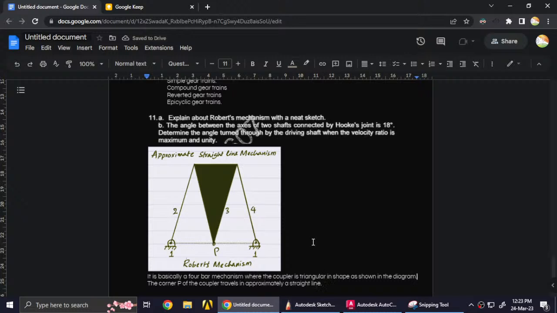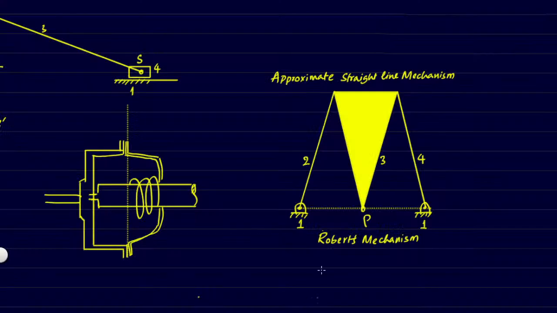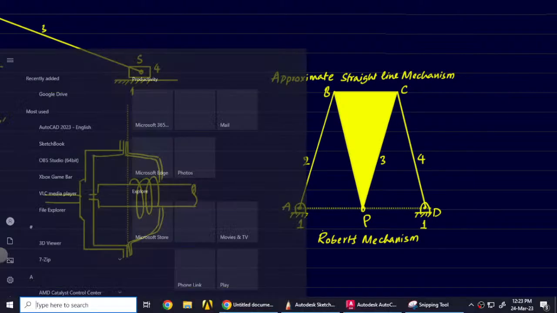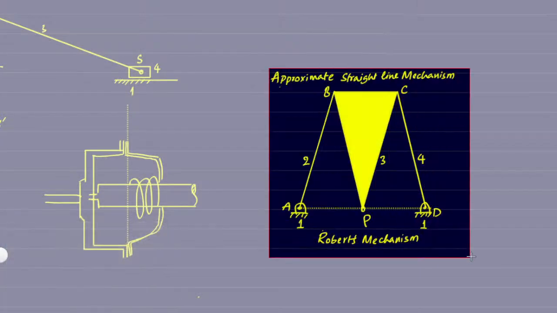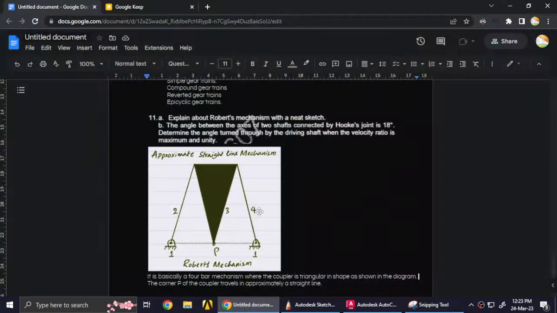So let's also talk about the lengths. For lengths we will need to mention the points. Let's call this O. Instead of this, let's call them A, B, C, and D. This part is of course P. This is the mechanism.